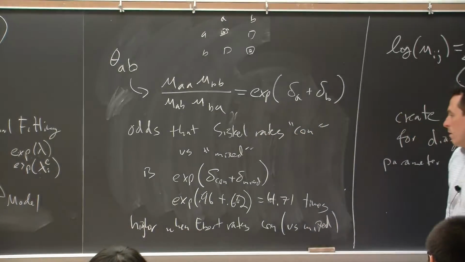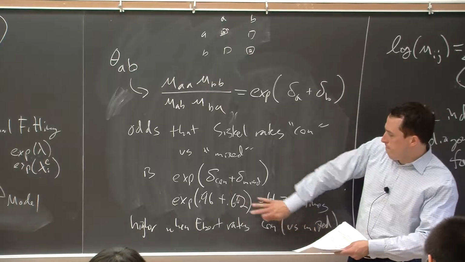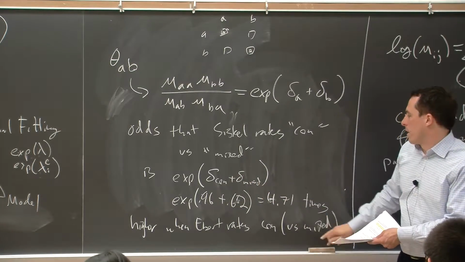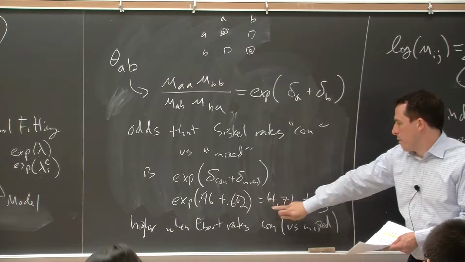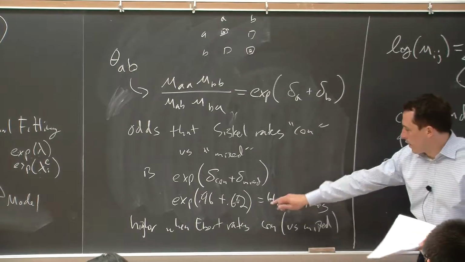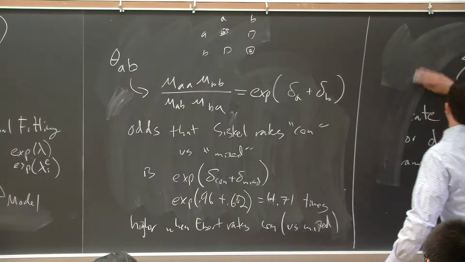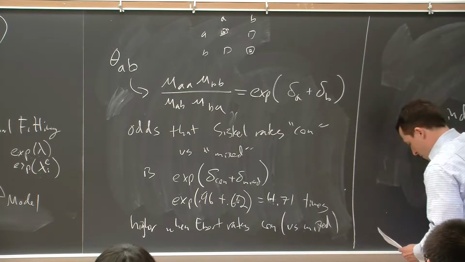Right, so that's this sort of agreement precisely on the diagonals being forced. So this tells you that that's quite a large jump in the odds of con versus mixed.